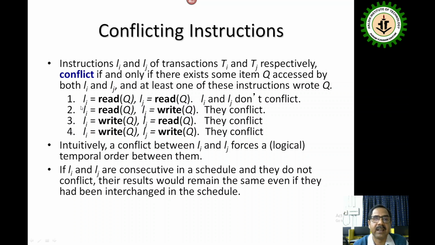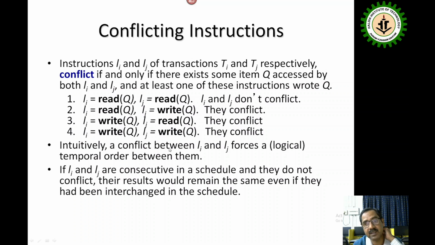So in cases 2, 3 and 4, at least one operation is a write operation. If between two instructions Ii and Ij of transactions Ti and Tj respectively, at least one operation is a write operation, then a conflict arises.